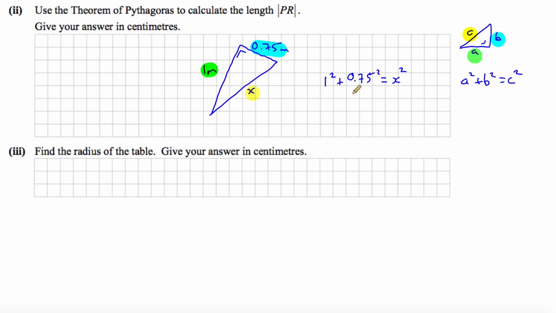So the left side here, when you put this in the calculator, that becomes 1.5625. So that's what X squared is. So if X squared is this, well then X will be the square root of that.